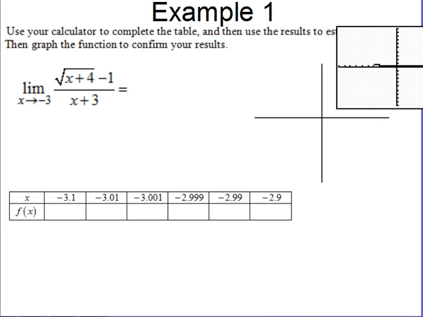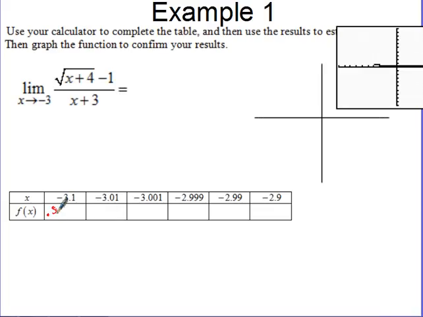As you're getting these values, can you tell me what they are? So negative 3.1 gave you what? 0.513, is that right? Yes. 0.5131717, sorry, 0.5317.